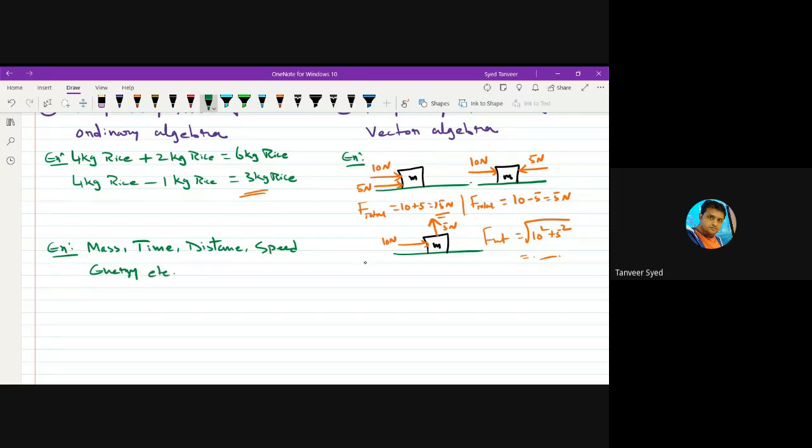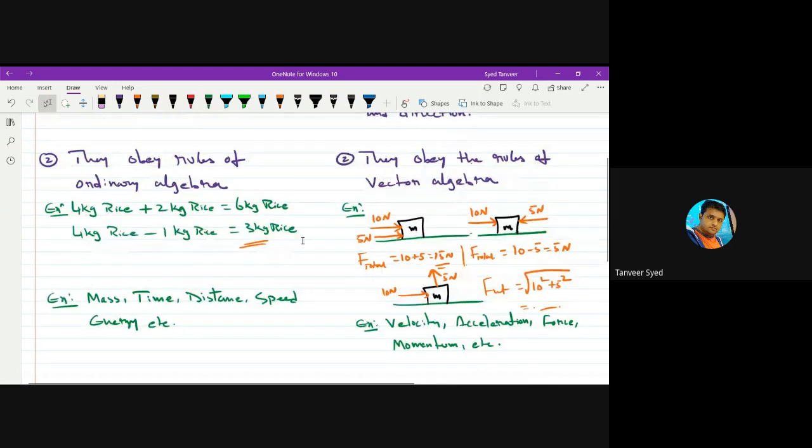Many things are there. And vectors: velocity is a vector quantity, acceleration is a vector, force is a vector, momentum is a vector. Many other things are there.